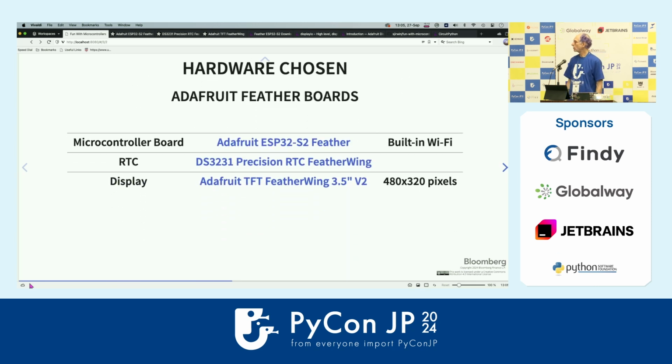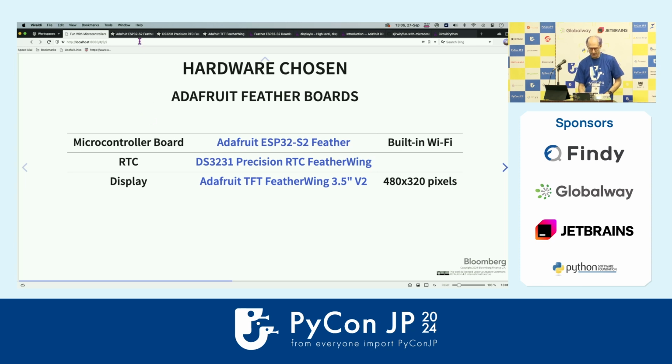The specific hardware that was chosen for the microcontroller was the Adafruit ESP32-S2 Feather board, where Feather just happens to be this form factor. I chose that one because it has a Wi-Fi module built into the board in addition to the microcontroller.